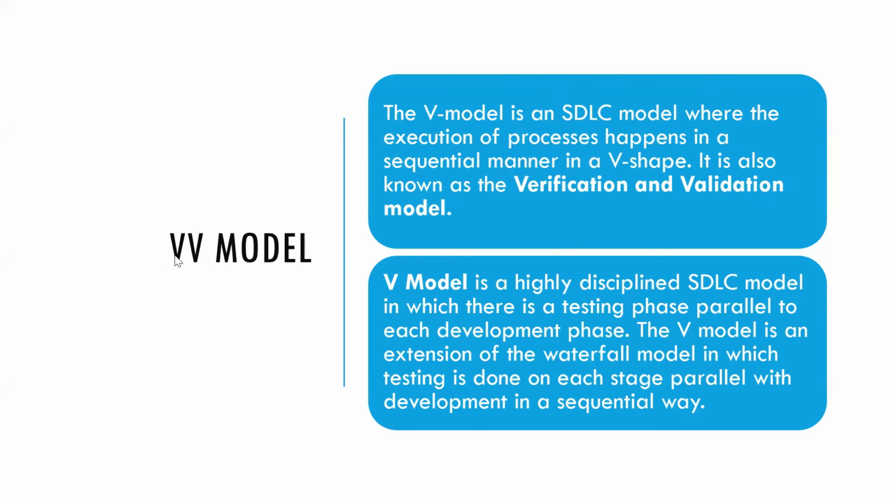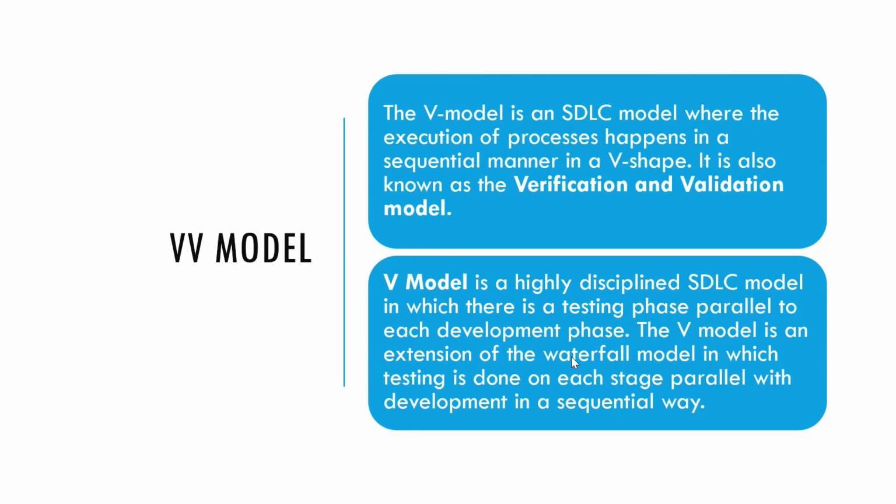The first V stands for verification. The second V stands for validation. The V model is a highly disciplined SDLC model in which there is a testing phase parallel to each development phase. The V model is an extension of the waterfall model in which testing is done at each stage parallel with development in a sequential way. Let me explain this to you.